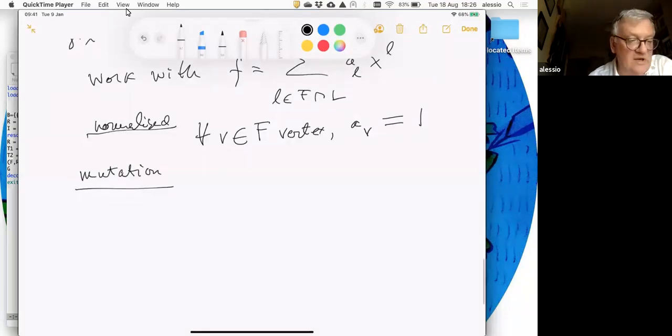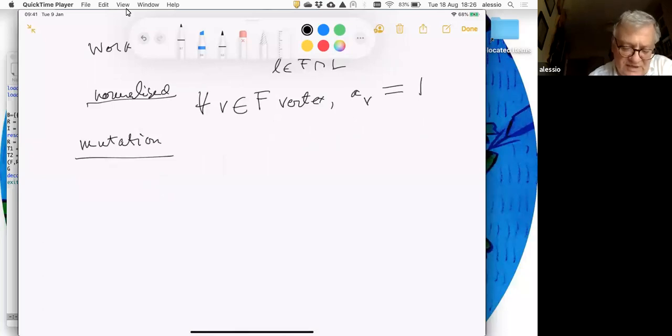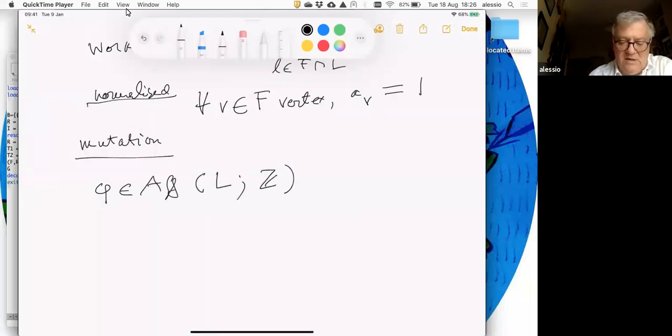So to do a mutation, you need to choose an affine linear map phi from L to Z, non-constant.